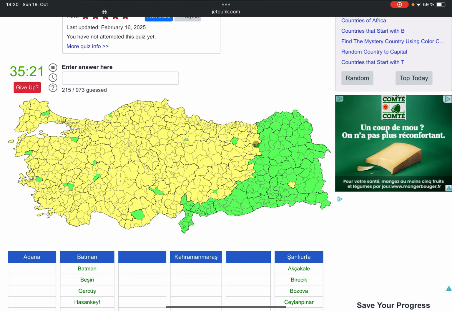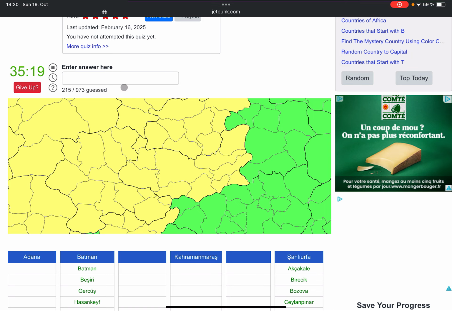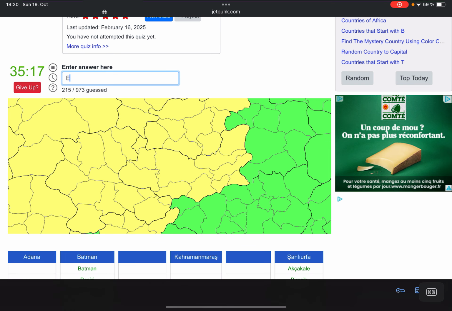Alright. Now let's continue here with Elazığ. Here again, it doesn't accept the yumuşak G at the end, which is quite annoying in my opinion, but so be it. So we have Keban, Arıcak, Baskil, Maden. This should be Sivrice.